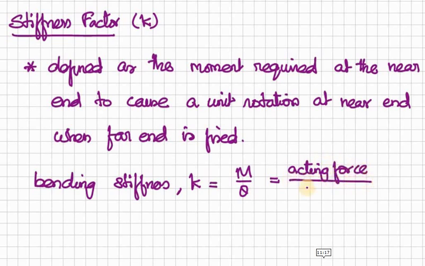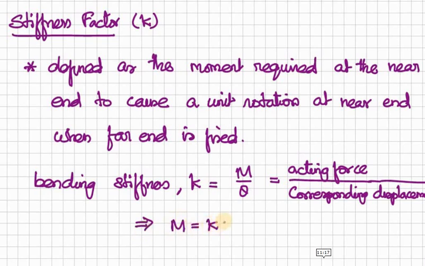That is, the moment required to produce slope theta is equal to stiffness times that theta. So in the next video, we will discuss how to get stiffness factors for beams with different end conditions.